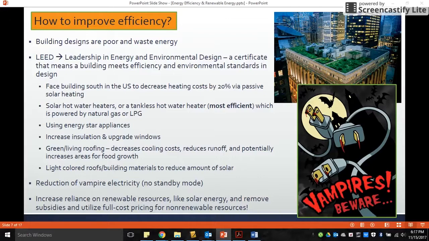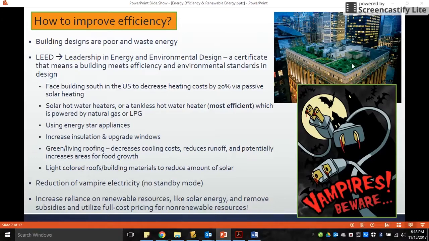We can utilize solar hot water heaters or natural gas or tankless hot water heaters, which are super efficient because they're only heating water when they need to. You notice at home, a lot of your appliances are probably Energy Star, which means they use a reduced amount of energy to do their tasks. We can increase insulation and then put living roofs.